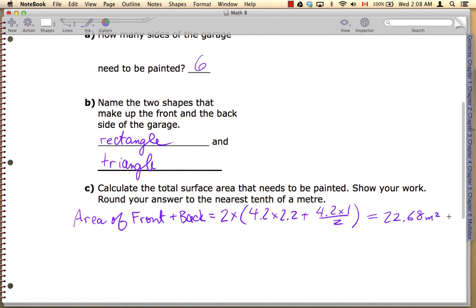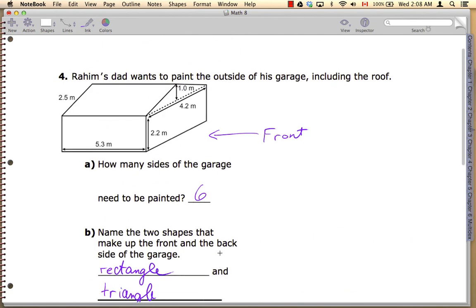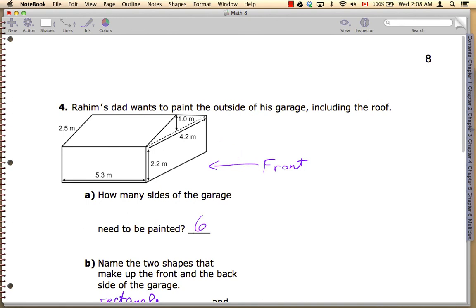Now let's consider the right and left sides. For the right and left sides, they are both the same. So we've got the right side of the garage and the left side of the garage, which is this rectangle right here.